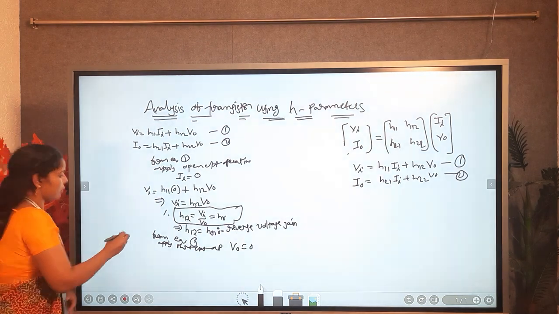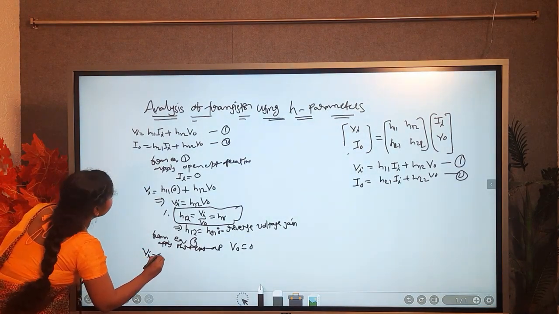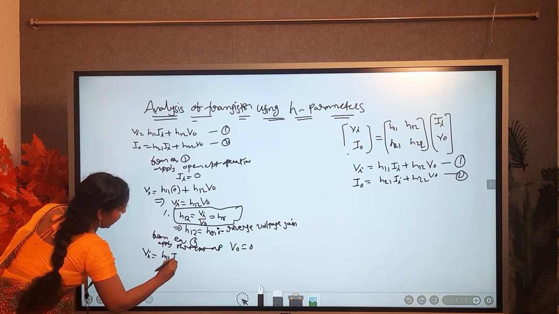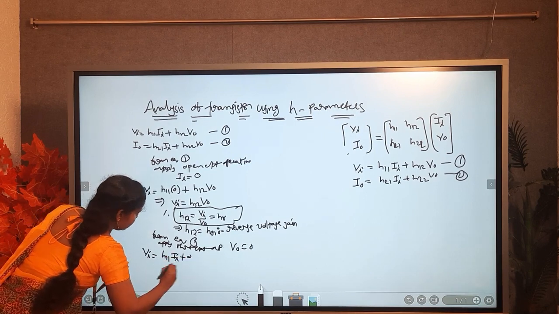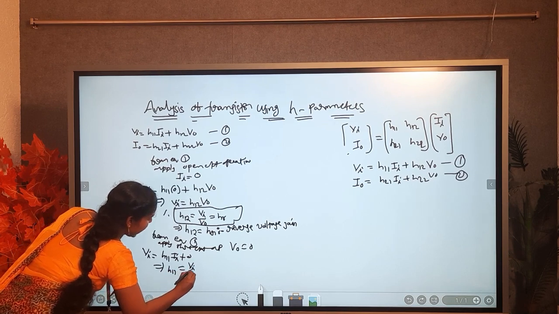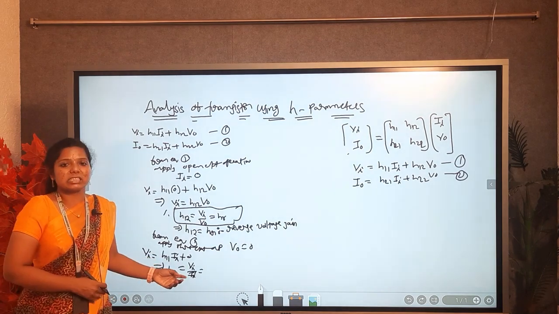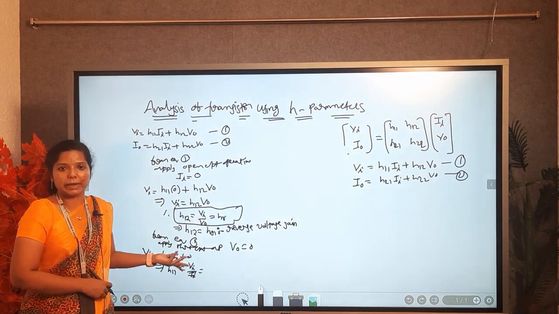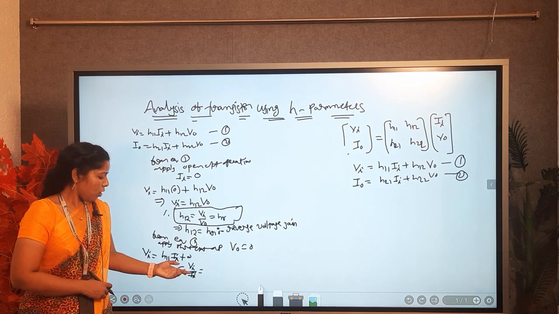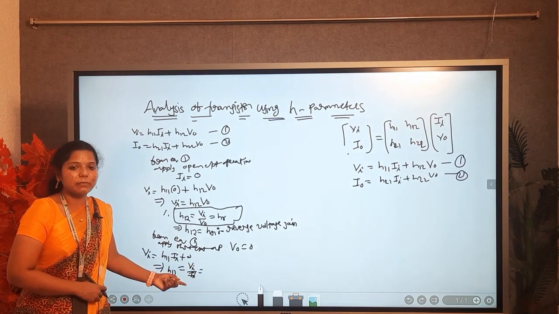Put it in equation 1. Therefore VI equals H11 II plus 0. That means H11 equals VI by II. It is in the form of resistance. V equals IR, R equals V by I. So it is V suffix I by I suffix I.